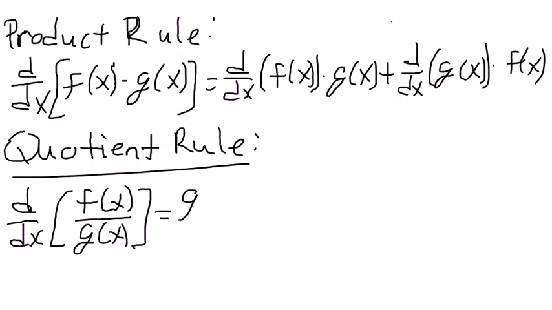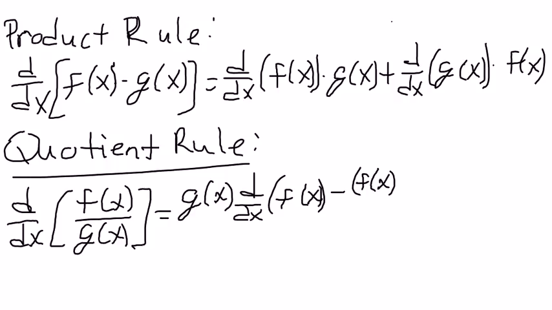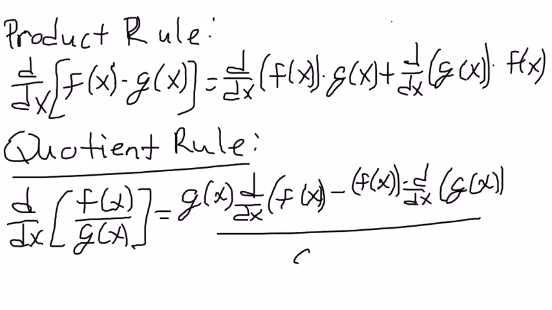What that does is you take the derivative of your numerator and multiply it by your denominator, and you subtract the numerator multiplied by the derivative of your denominator, and all that will be over your original denominator squared.